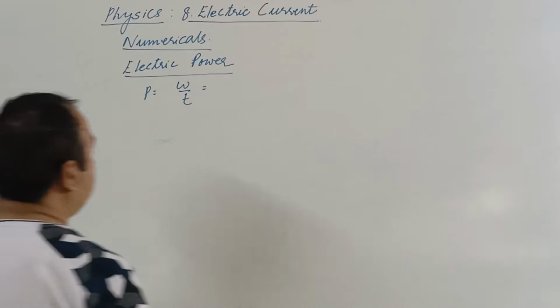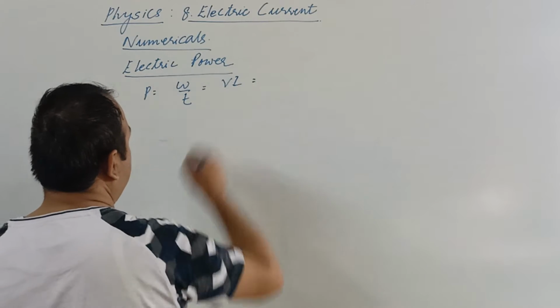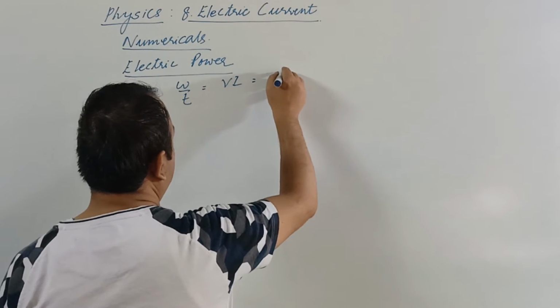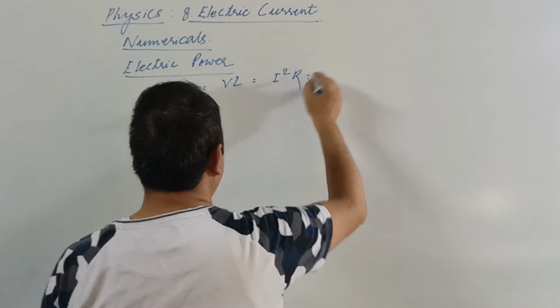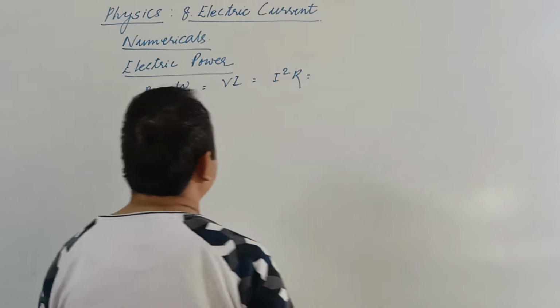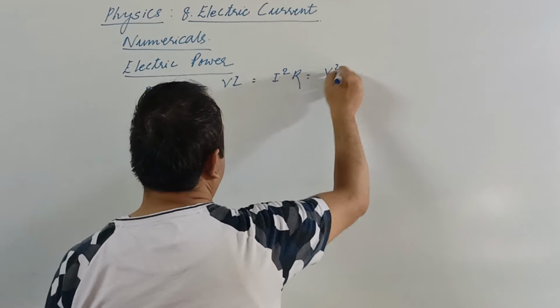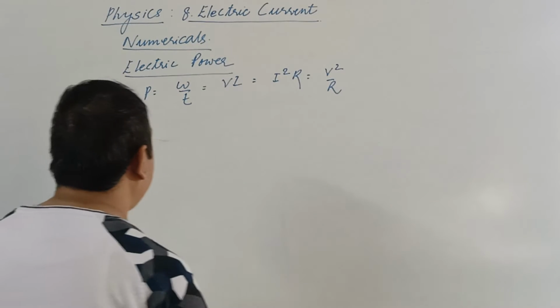Then we have the formulae VI, I square R, and V square by R. So these are the formulae to be used here.